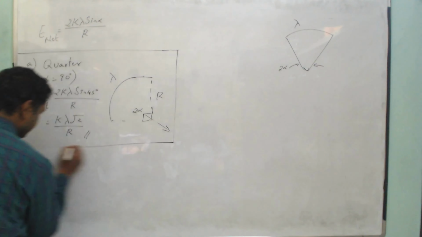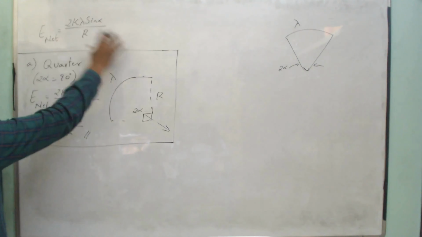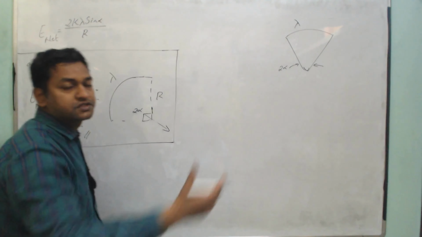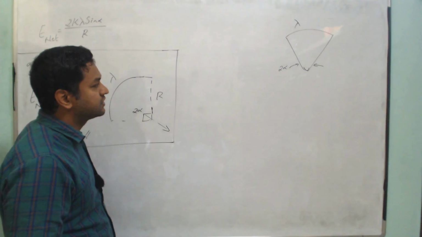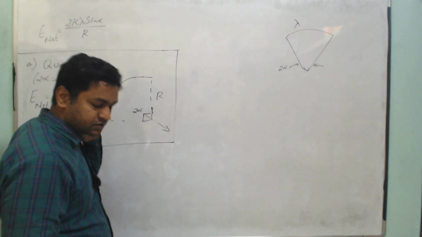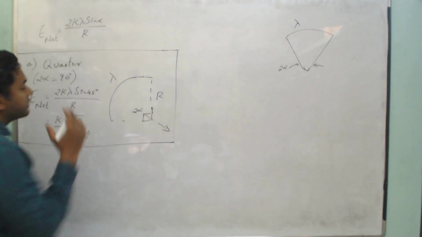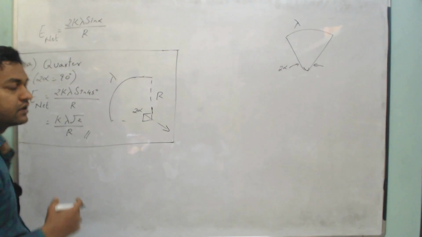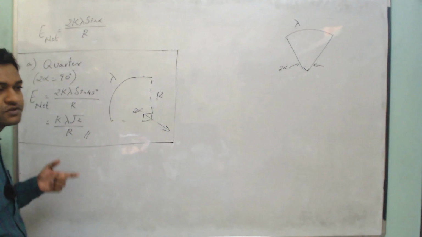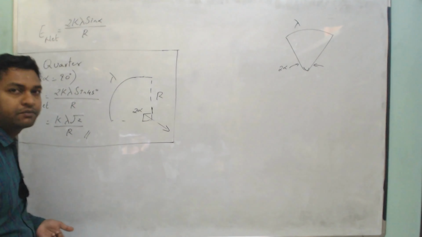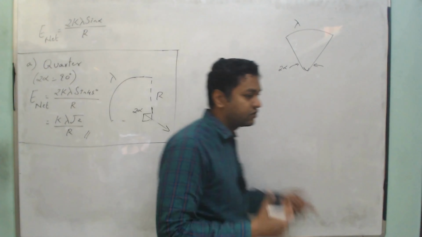Yesterday we solved it using the sine alpha by alpha thing, that means the total charge. Today I am showing you that if we take it in terms of lambda, how it becomes easier.